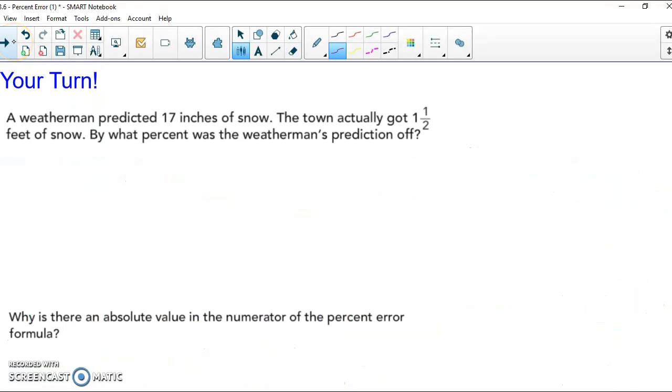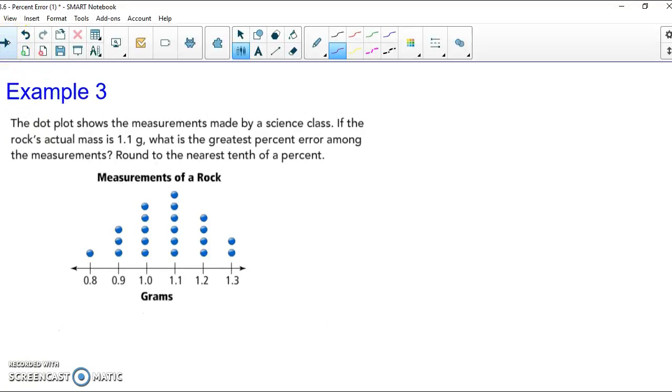Let's check out example 3 here. Okay, we are in example 3 going to look at a dot plot, and it shows the measurements made by a science class. If the rock's actual mass is 1 1/10 gram, what is the greatest percent error among the measurements? Round to the nearest tenth of a percent.